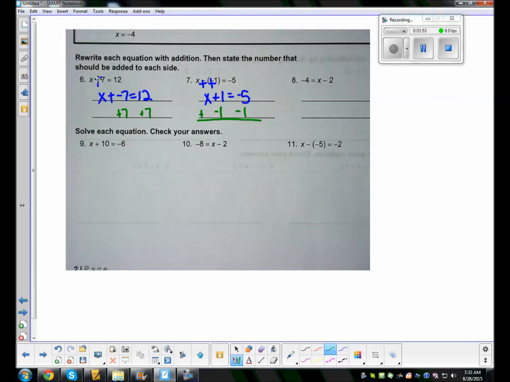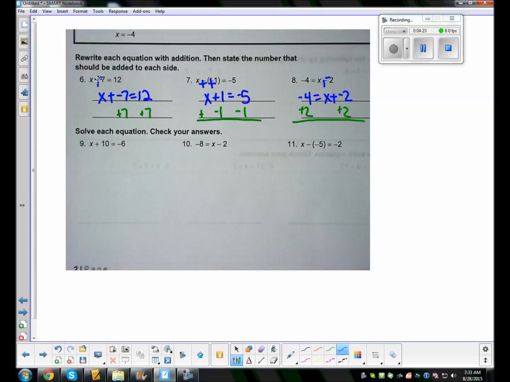Number 8, I'm going to change it to an addition problem by adding the opposite. So the equation will look like negative 4 equals x plus negative 2. And the number that will be added is the number that's on the same side as the variable. So x is with negative 2, so I'm going to add a positive 2 to both sides.